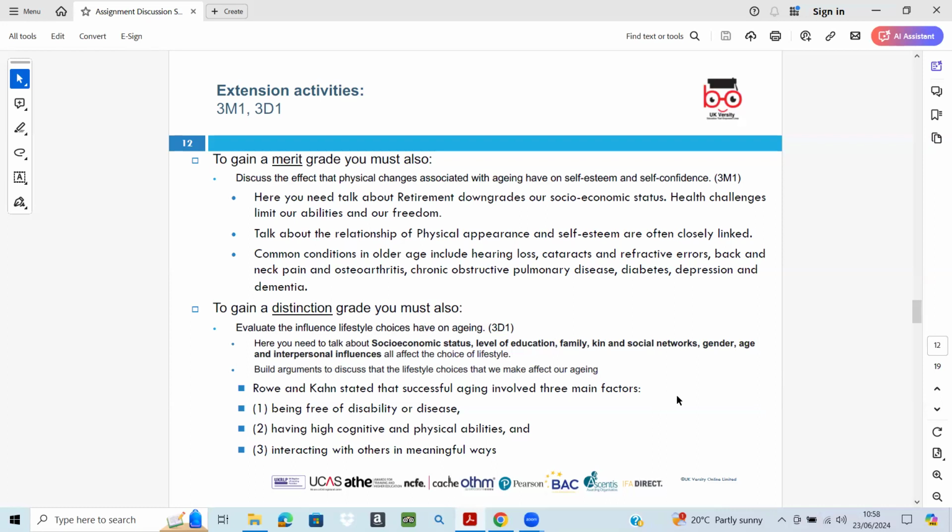So for example, we need to build arguments that lifestyle choices play a crucial role in aging, and we need to give evidence suggesting that maintaining physical, cognitive, and social abilities contribute to successful aging according to Rowe and Kahn's criteria.